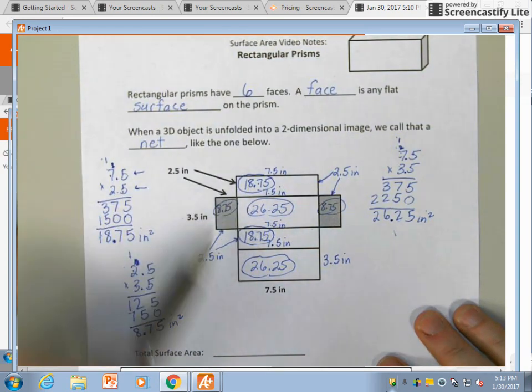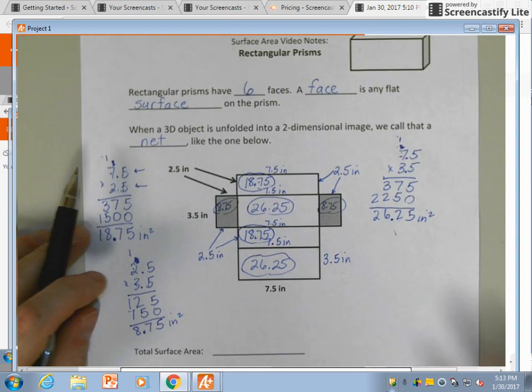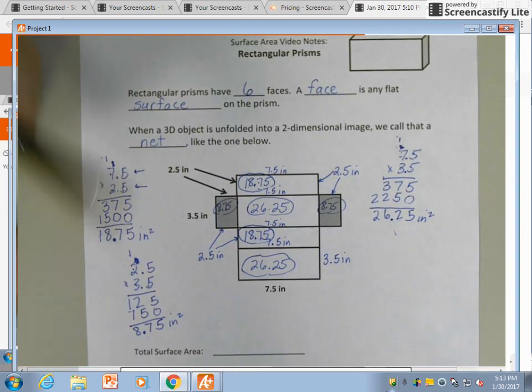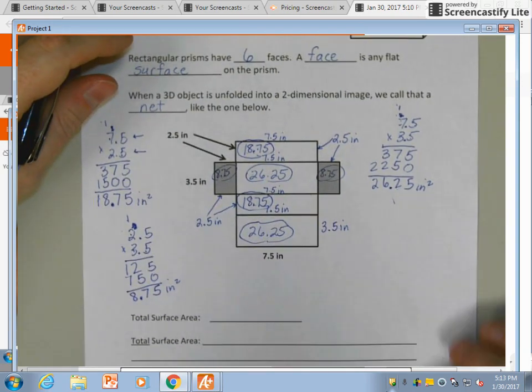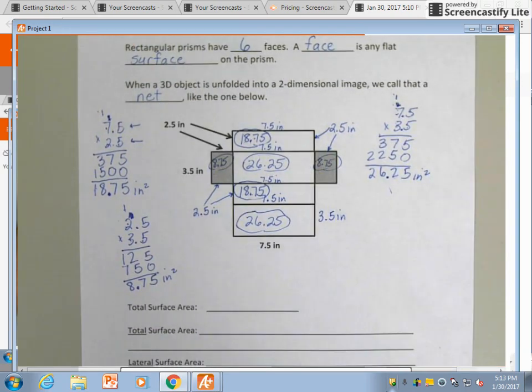Now I know I'm finished with finding the area of the rectangles. So there are a couple things to understand. First of all, we're going to be finding total surface area. And there's something else that we're going to also be discovering, and that's called lateral surface area.